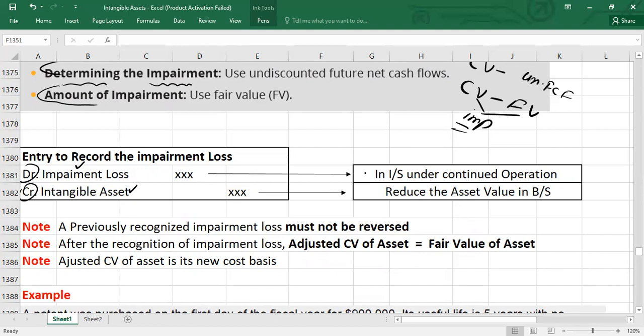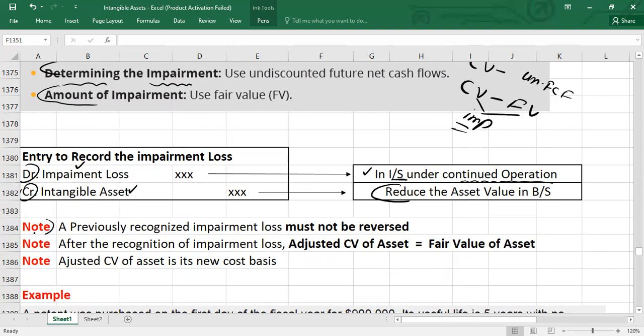The debit side, the loss, will be taken to the income statement under income from continued operations. And the credit to intangible assets reduces the asset value in the balance sheet.